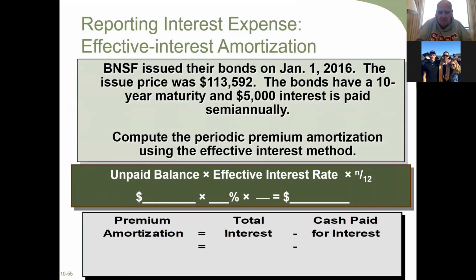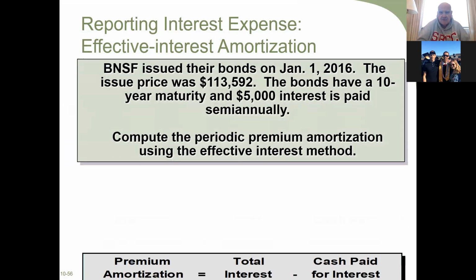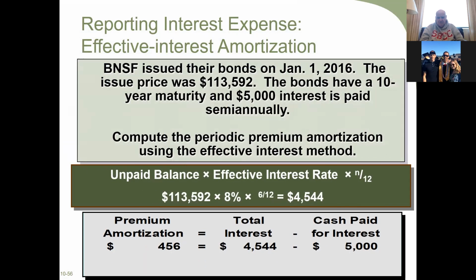Again, our formula is net book value, which in this case is 113,592, times the market rate of 8% or 4% per 6 months. And we come up with a number of 4544, right?